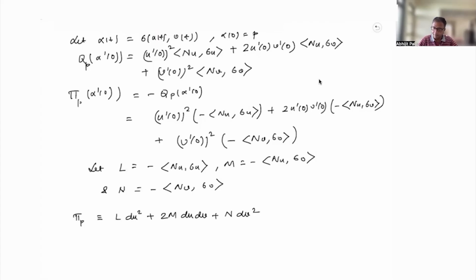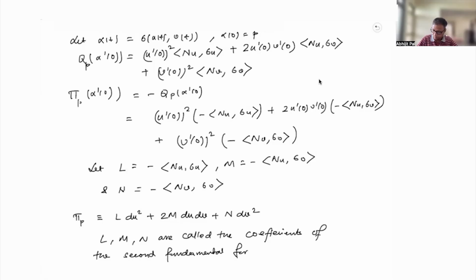Okay, so these L, M, N are called the coefficients of the second fundamental form. In some books, these coefficients L, M, N are also denoted by small e, f, g.